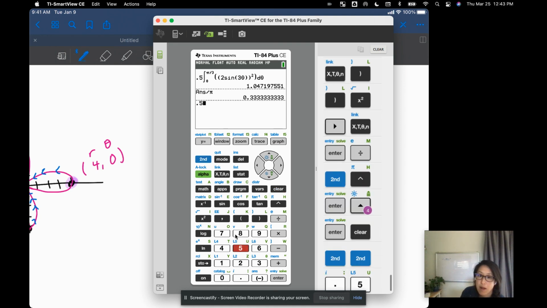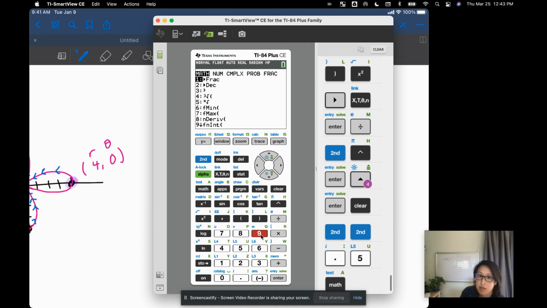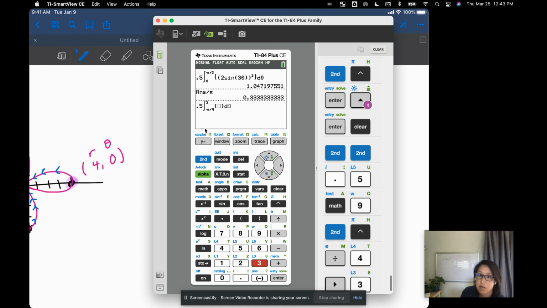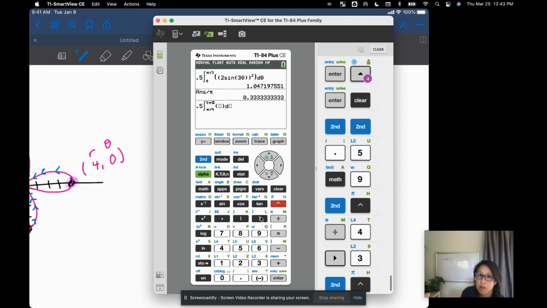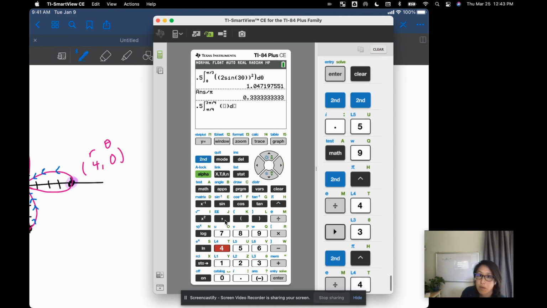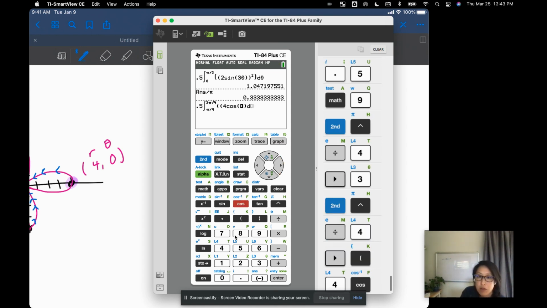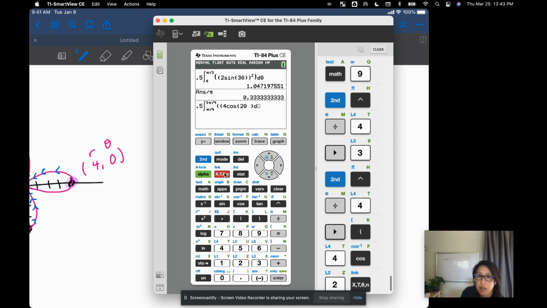So I'm going to do 0.5 times the integral from pi over 4 to 3 pi over 4. I like to add a set of parentheses. And we have 4 times the cosine of 2 theta.